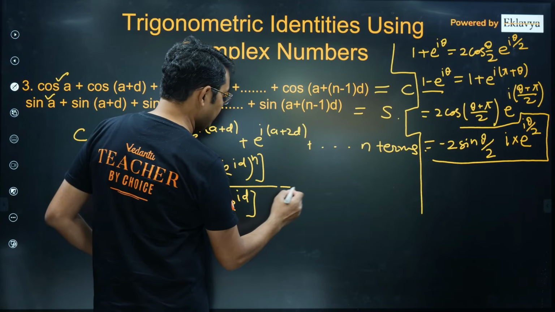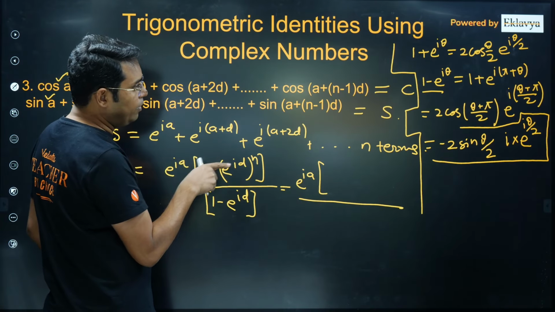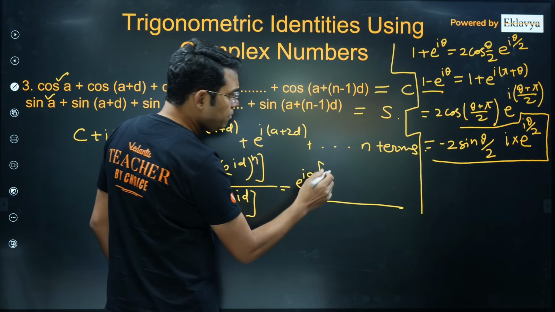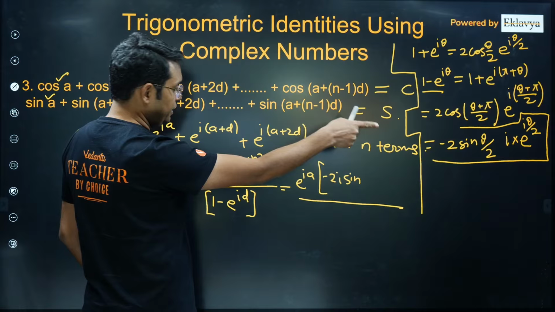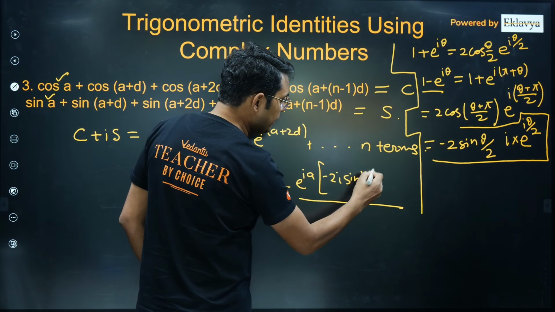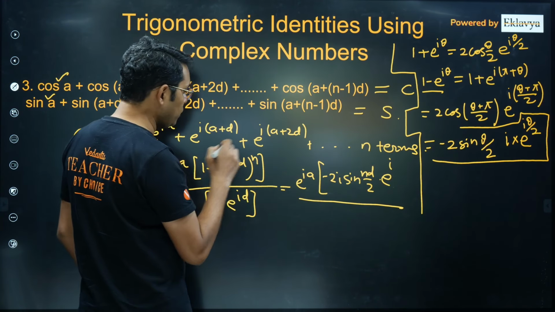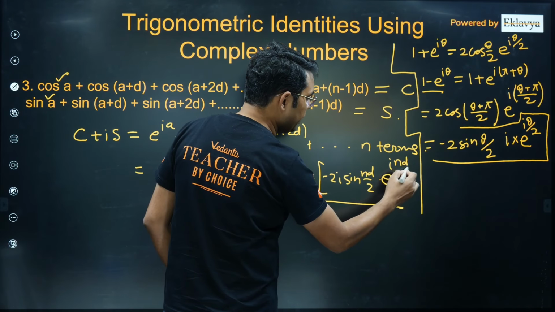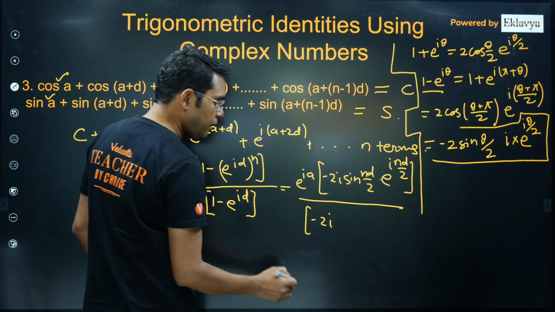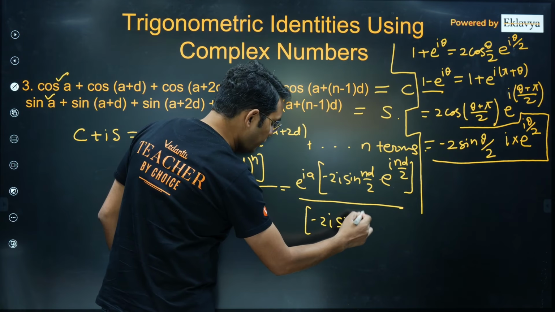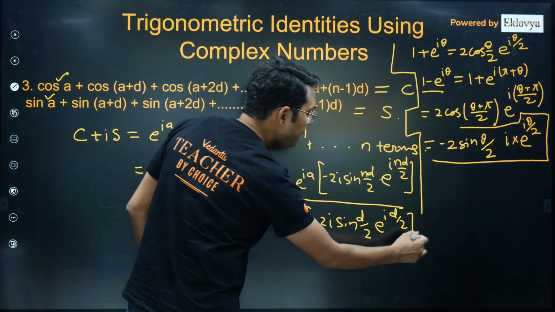So that will become e^(ia) in the numerator. I can write minus 2i sine of, that was θ by 2, so it will be nd by 2, into e^(i nd/2). In the denominator, it will be minus 2i, and then sine of d by 2 into e^(i d/2).